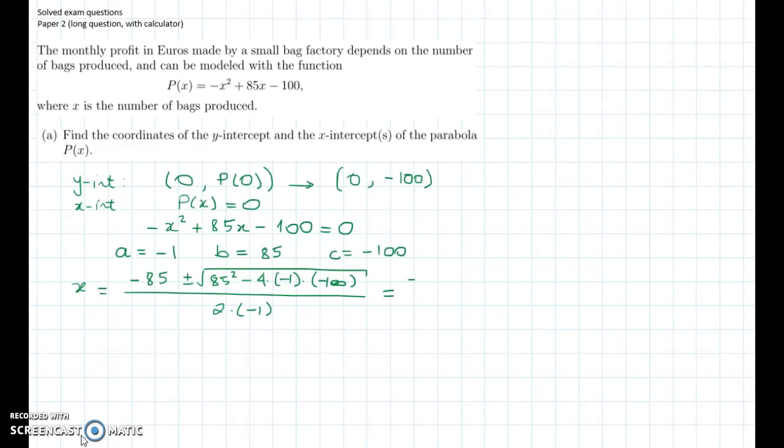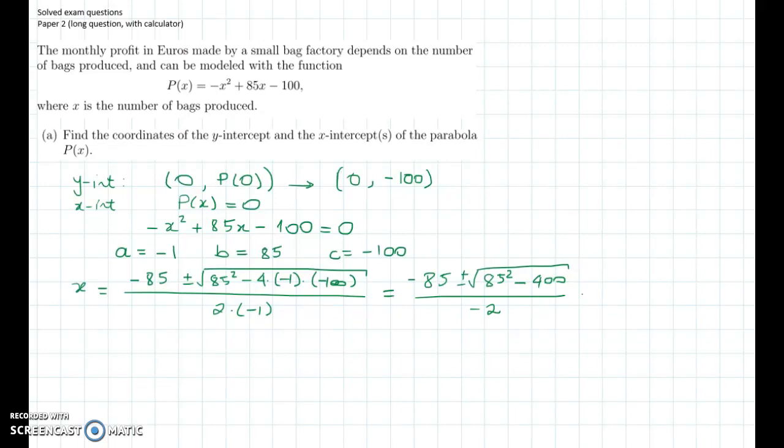So let's simplify this a little bit. Minus 85 plus minus square root of 85 squared. We'll find this in the calculator in a minute. And then we have negative times negative times negative, so this is going to be negative. And we are multiplying 4 times 1 times 100, so 400. And all of this divided by minus 2.